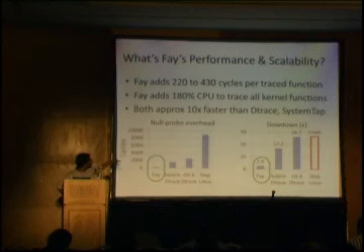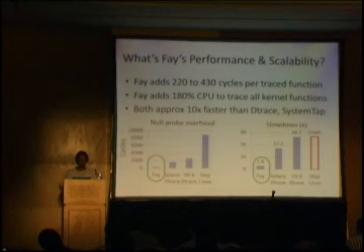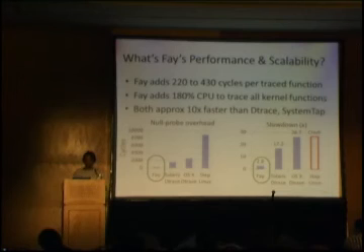You can see on the lower left-hand side here, which shows the null probe overhead, compared to two other systems, namely DTrace and SystemTap, that we have about an order of magnitude lower overhead in the null probe dispatch.